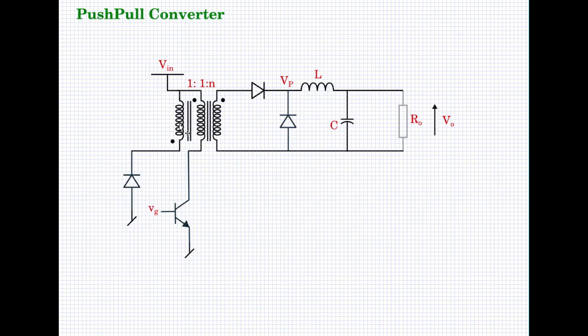The main function of the demagnetizing winding is that when the switch is off, the energy in the core is put through the demagnetizing winding into the supply. Now let us enhance that concept a bit further.